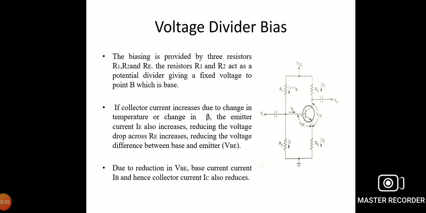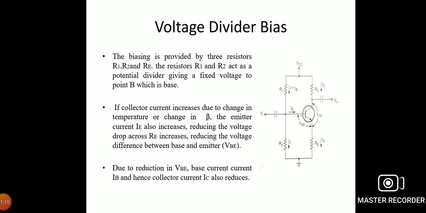The bias is provided by three resistors R1, R2 and RE. The resistors R1 and R2 act as a potential divider, giving a fixed voltage to point B, which is the base. If the collector current increases due to a change in temperature or a change in beta, the emitter current IE also increases, and this increases the voltage drop across RE, reducing the voltage difference between the base and the emitter.